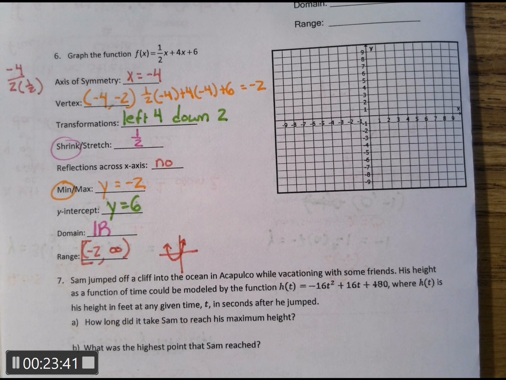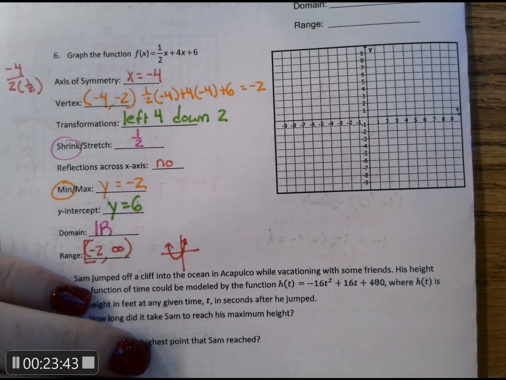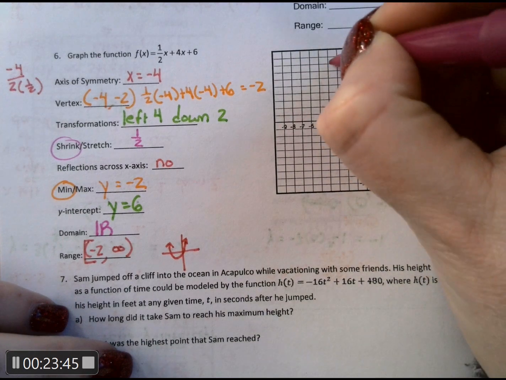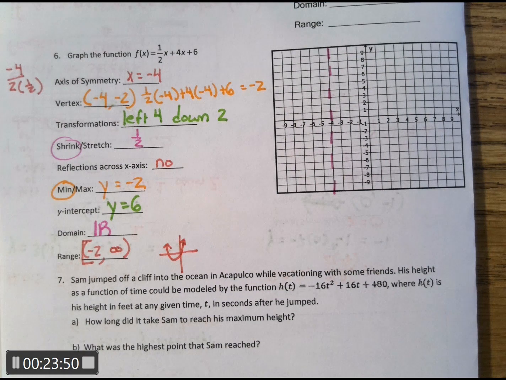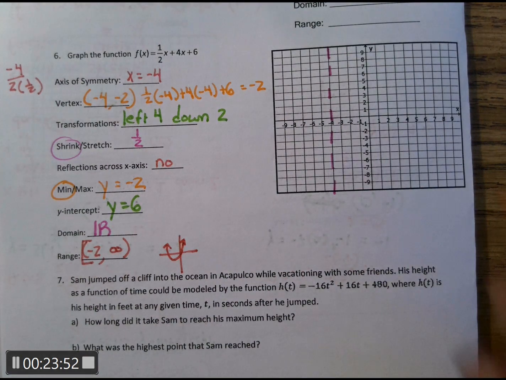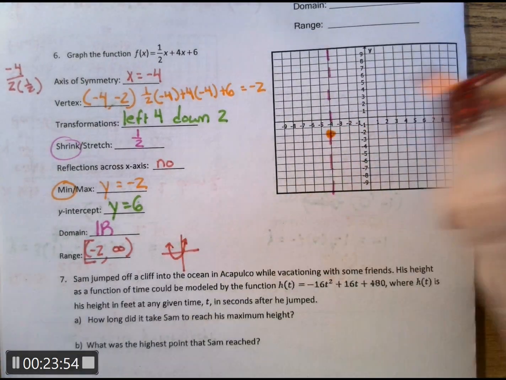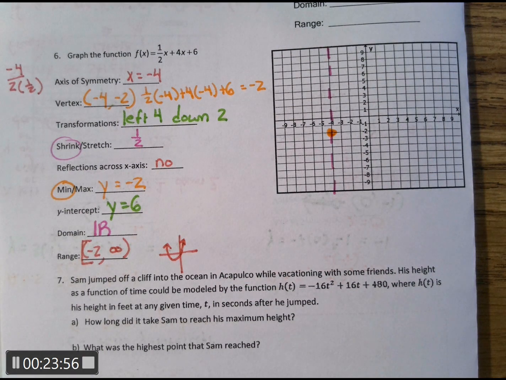Alright, so go ahead and graph your axis of symmetry and your vertex. Alright, and then we need to make a table of values.